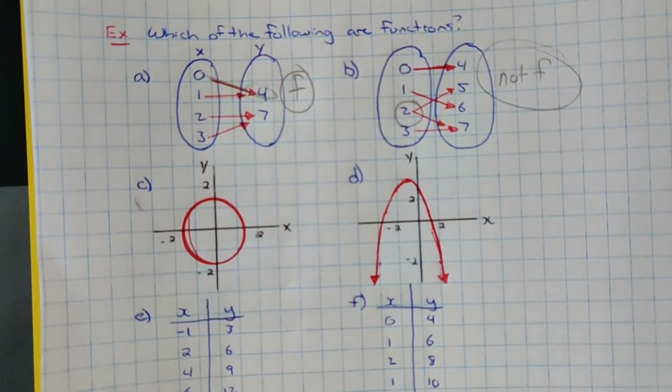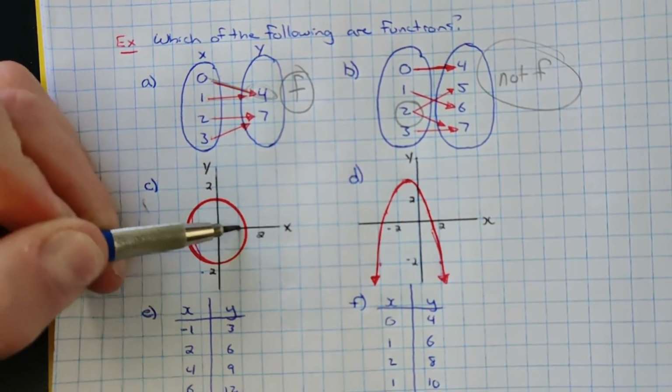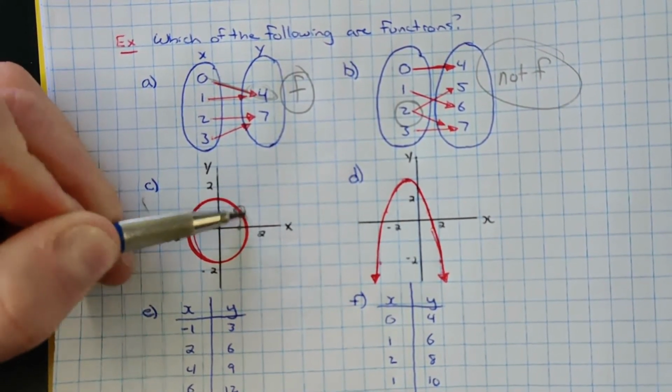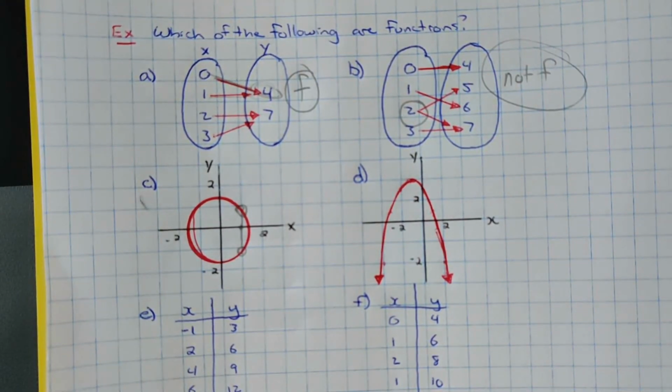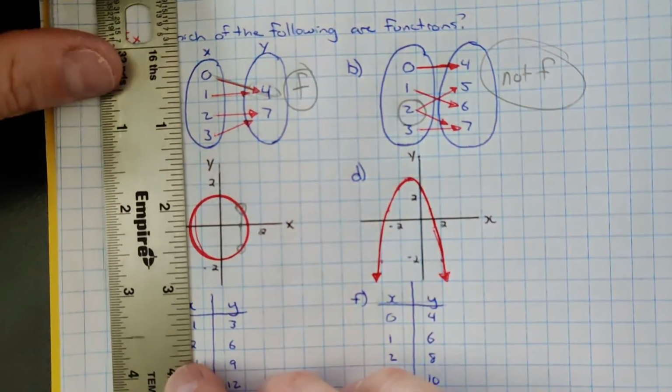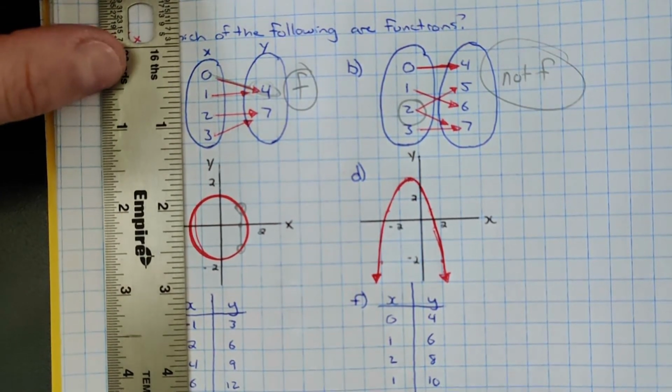Graphically, we can see the same kind of thing. In the first one here, part C, I have a circle. If you take any x value, say I take the x value of 1 here, it maps to 2 points. It maps to this one here, and it maps to this one here. That's 2 different points that x hits at that 1 value. And actually, we can use what's called the vertical line test. I can take a vertical line, or a ruler generally, and slide it along.